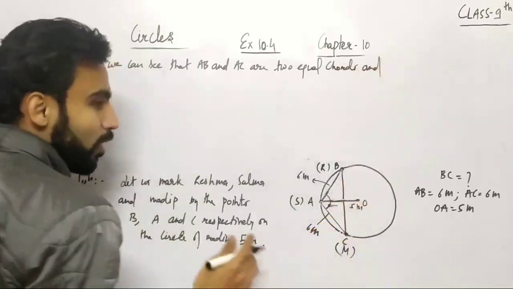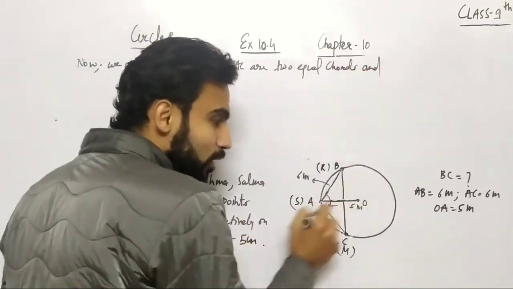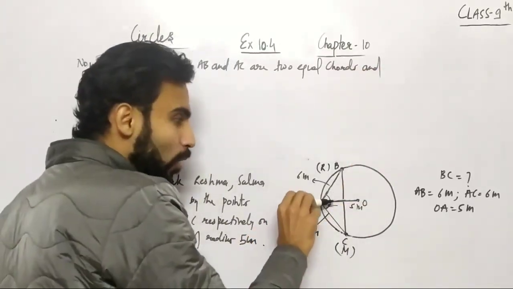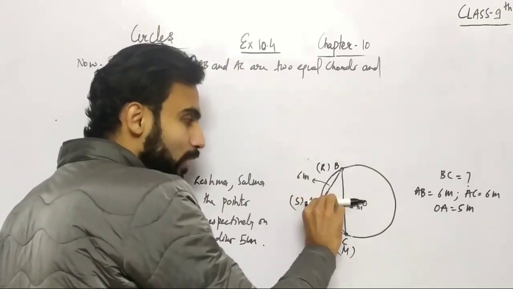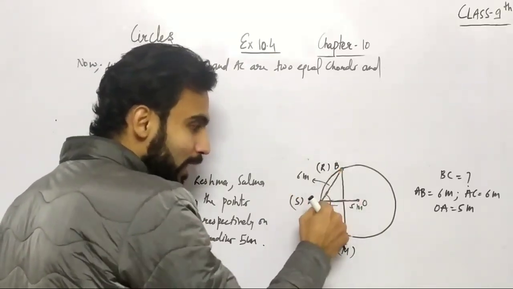And you can see then we know that the center of the circle will lie on the bisector of this angle, you can see BAC.